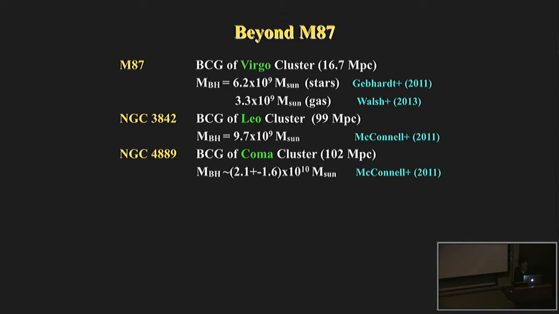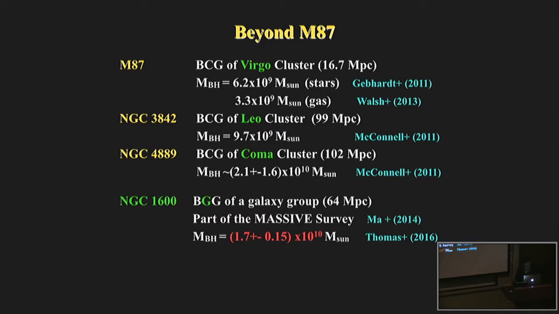And earlier this year, we reported the discovery of a 17 billion solar mass black hole in the galaxy NGC 1600, which was targeted as part of the MASSIVE survey I spoke about earlier, which studied systematically the 100 most massive galaxies within a distance of 108 megaparsecs.